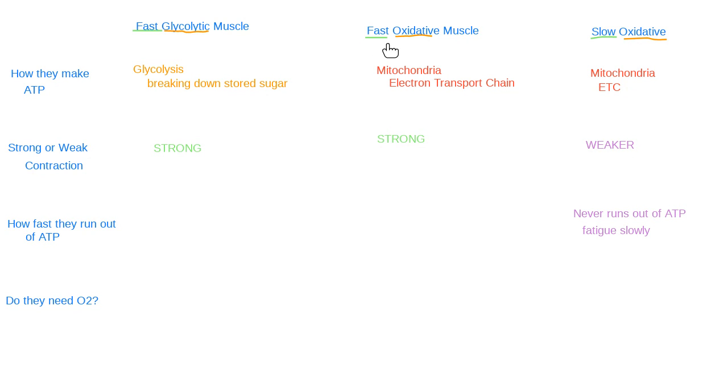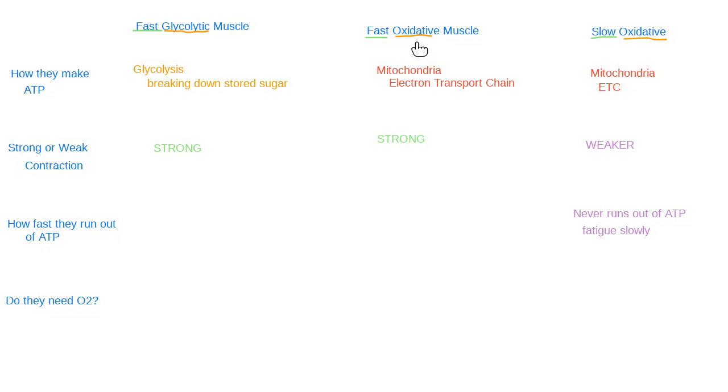When we talk about fast oxidative fibers, oxidative still means that I make a lot of ATP in my mitochondria. But remember that I have this word fast, which means I chop it up more quickly. When we talk about fast oxidative fibers, they're still going to work for a long time because they're oxidative.